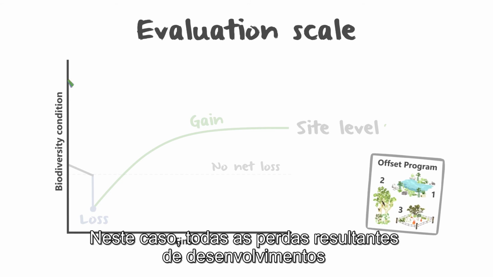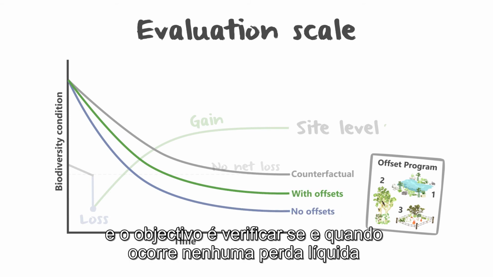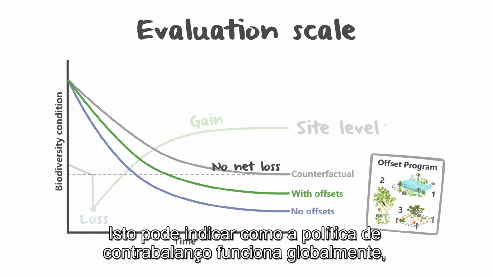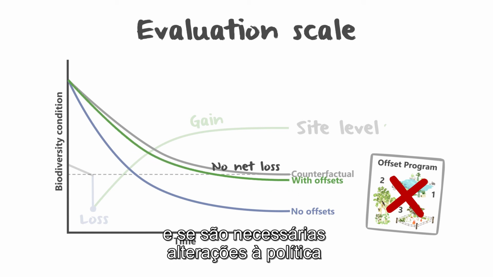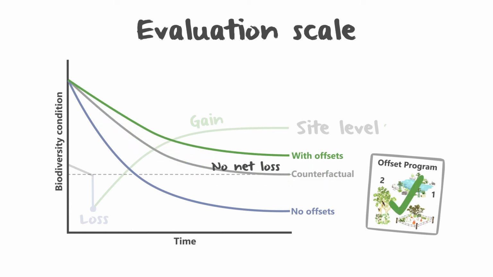In this case, all the losses from developments and gains from their associated offsets need to be considered, and the aim is to see if and when no net loss occurs at the scale of the offset program. This can then indicate how the offset policy is performing overall and whether changes to the policy are required to ensure no net loss is being achieved.